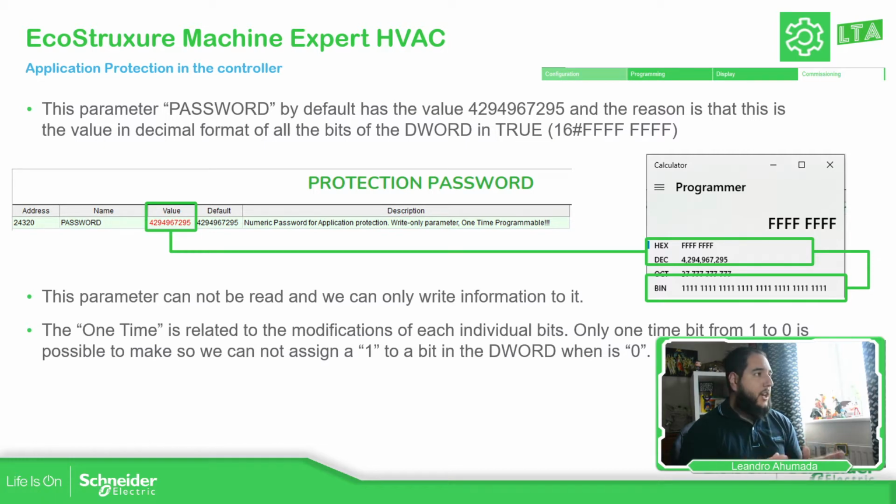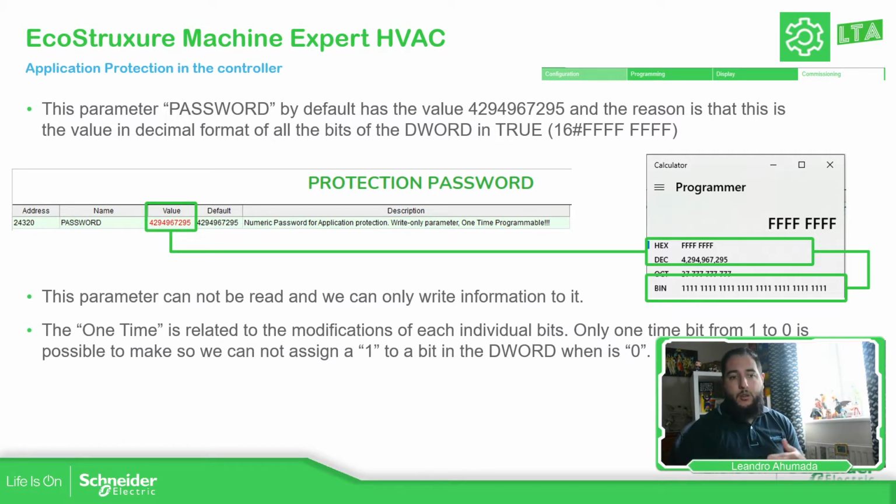This indication that it is one-time programmable is only partially true. What it means is that this double word allows you to change the bits you want from 1 to 0, but you cannot go back from 0 to 1.